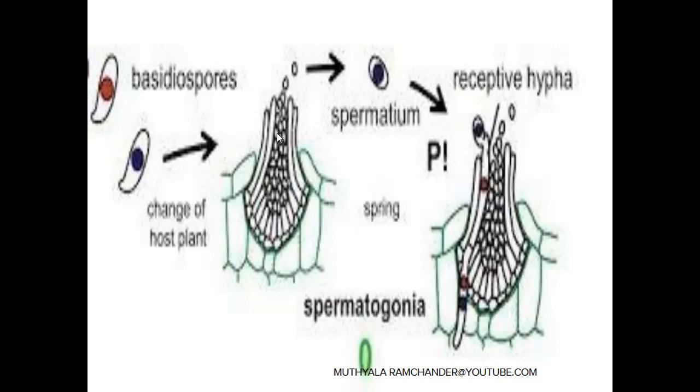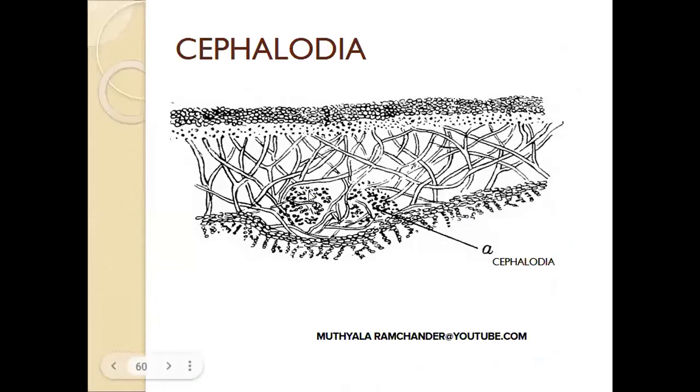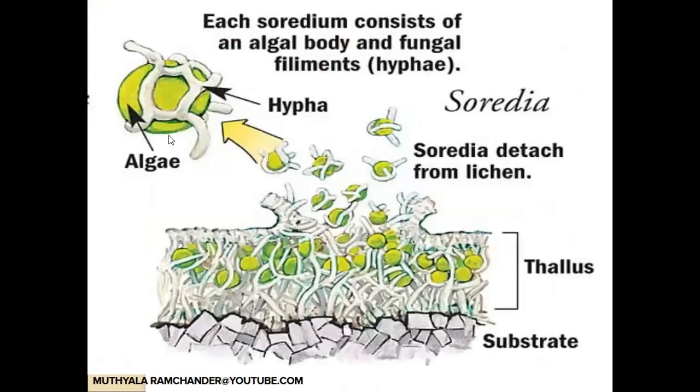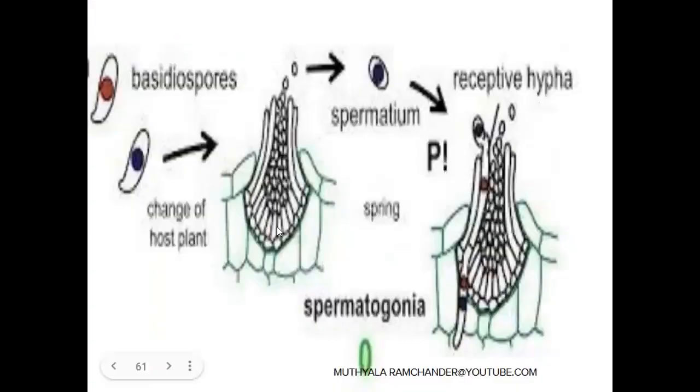See, the major difference between soredium and pycnium: soredia contain both algal and fungal components. In which region are they developed? On the dorsal region. On the same dorsal region, cup-like structures are also developed, and these produce only fungal spores.